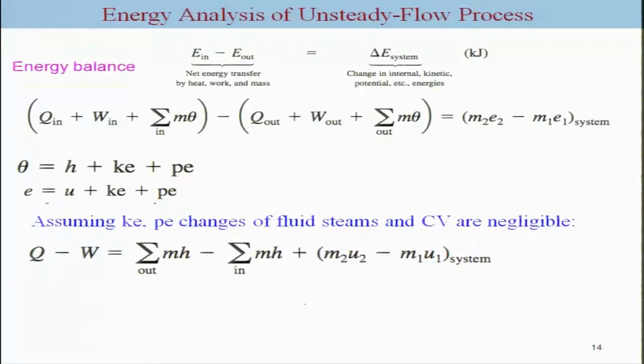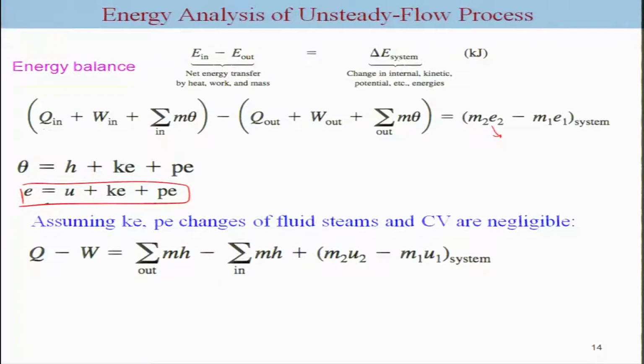What about the energy balance? So, we will write again here the energy balance E in minus E out is equal to delta E system. Now, delta E system is not going to be 0. In this case, delta E system is m2 e2 minus m1 e1, where this contains only the internal energy, potential energy and kinetic energy as shown here. Okay.